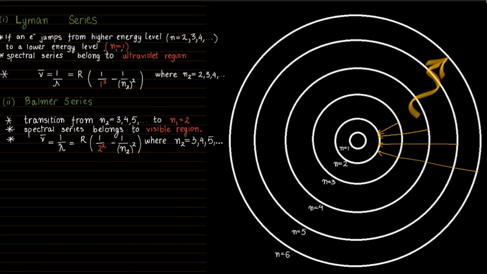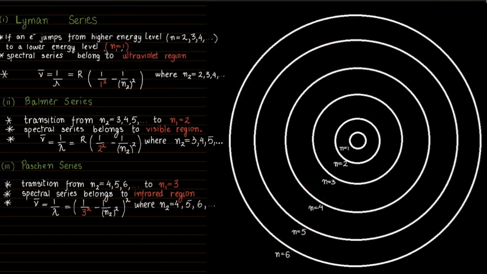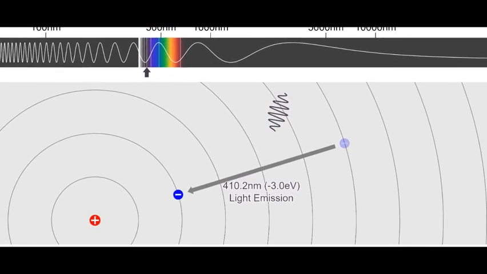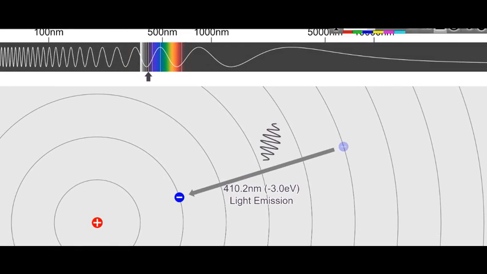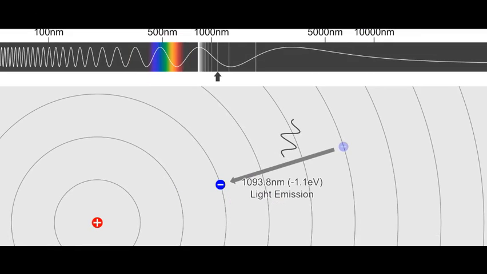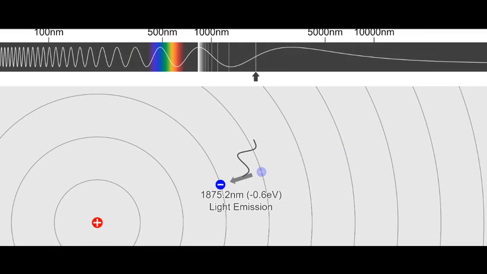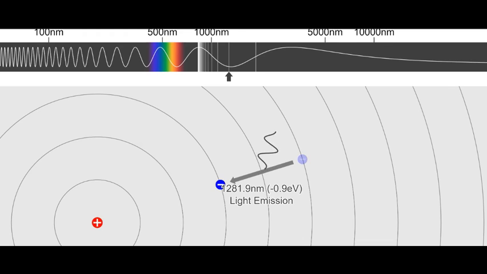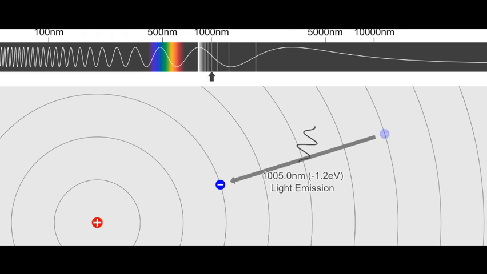Fine. Now similarly, the next one is your Paschen series. In case of your Paschen series, the transition is from higher energy level to the third energy level. It can be from n equals 4 to 3, n equals 5 to 3, n equals 6 to 3 and so on.